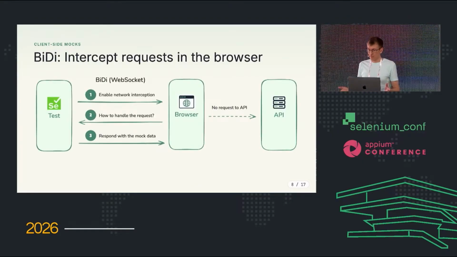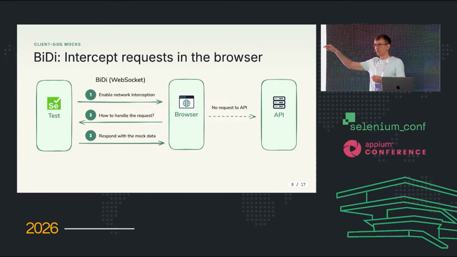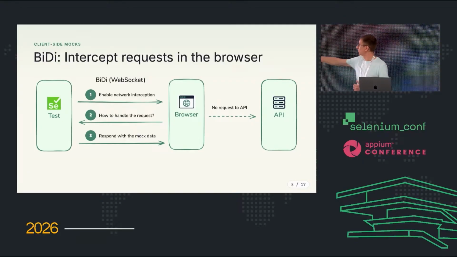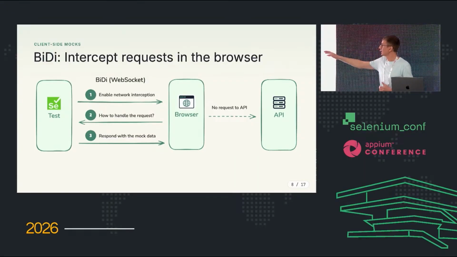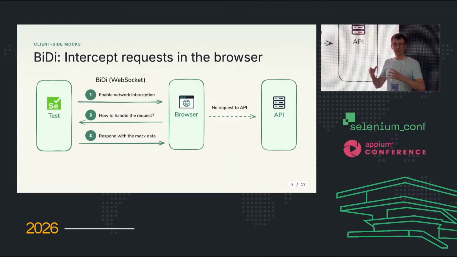And here is the schema of how it works. So actually the test tells the browser, please, when you will be performing this request, ask me what to do. And after that, when the browser is really making this request, before going to the real API, it sends a WebSocket message to the test and asks, okay, I am going to make this request.